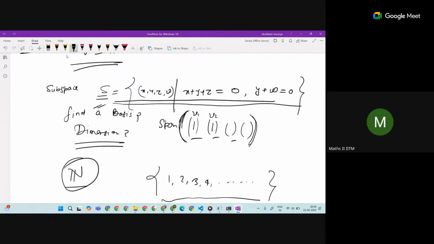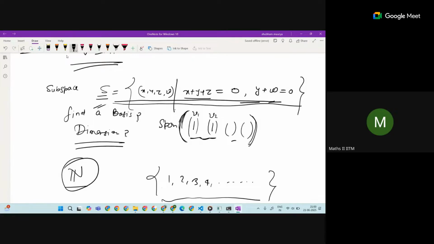So in place of saying all this, we just say this is the basis, meaning these are the vectors only. You just say the basis of this subspace is this one, and it will be understood that we are talking about this subspace. The meaning is the same.